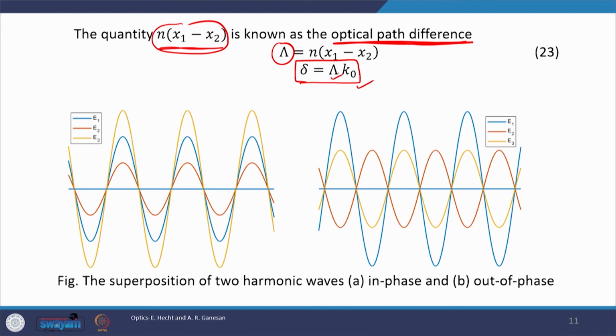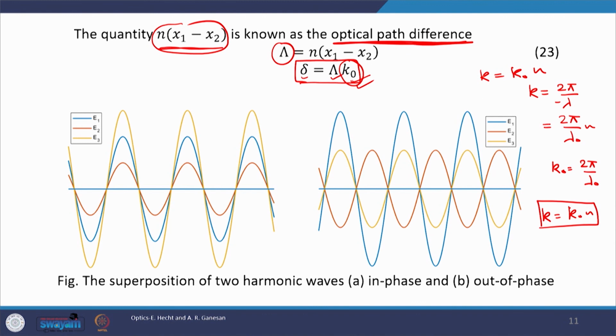Here the optical path difference is related with phase difference, and this relation is through this wave number k naught. k naught is the wave number in vacuum and k is the wave number in the medium. k is related with k naught through this relation, and we know that k is equal to 2 pi by lambda, or k is equal to 2 pi by lambda naught into n, and k naught is 2 pi by lambda naught. Therefore, k is equal to k naught into n. This is the relation which is also written here.